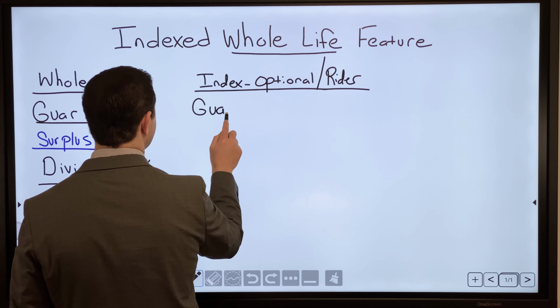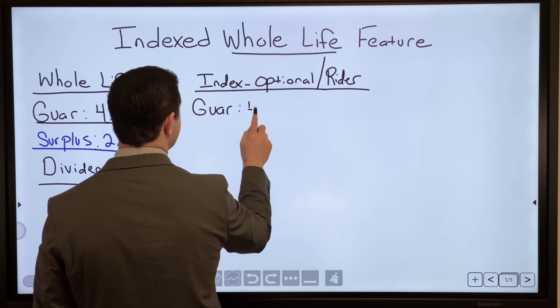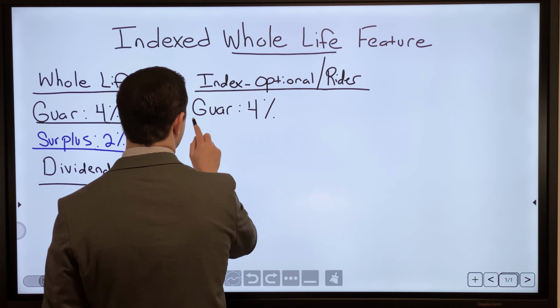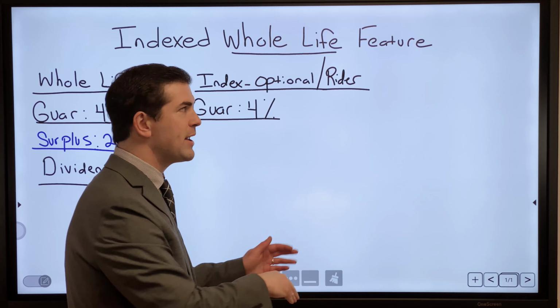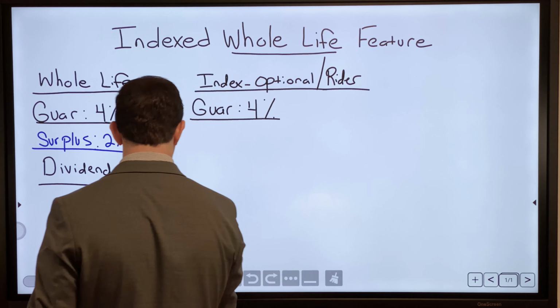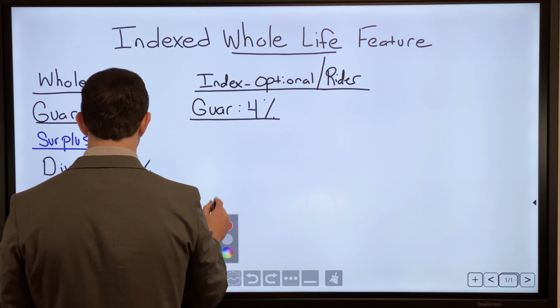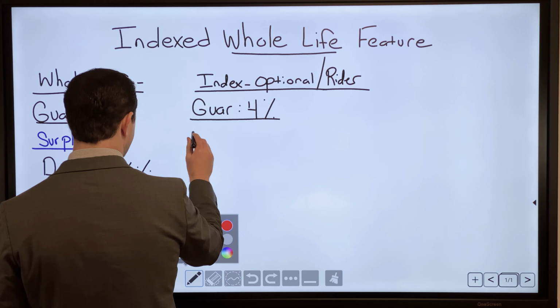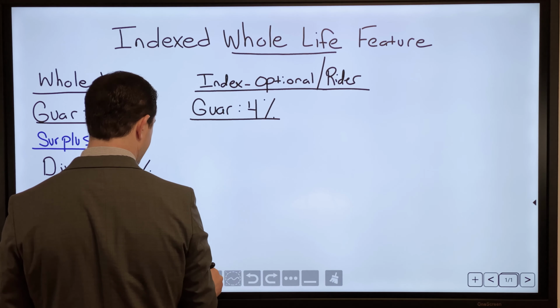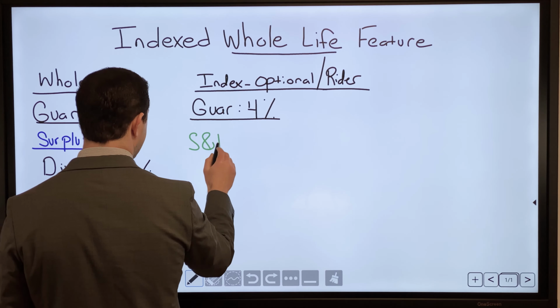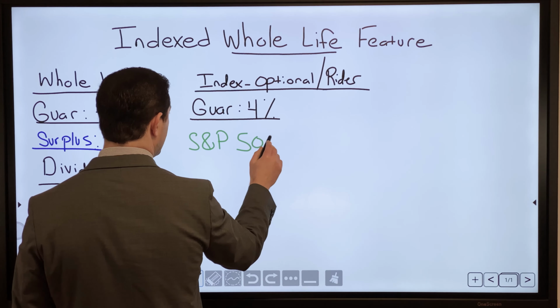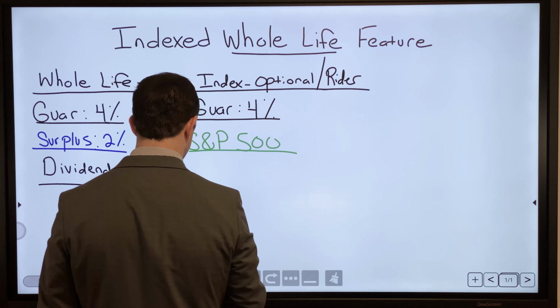It is the exact same whole life product with the exact same guaranteed rate of 4%. That's your minimum floor. So that won't go down by attaching that indexed rider. Here's the thing, the surplus, instead of receiving that, I can index my cash value or have it tied to the S&P 500 index.